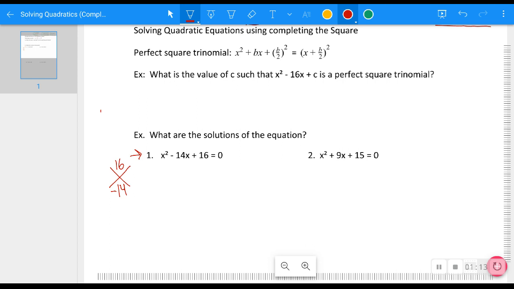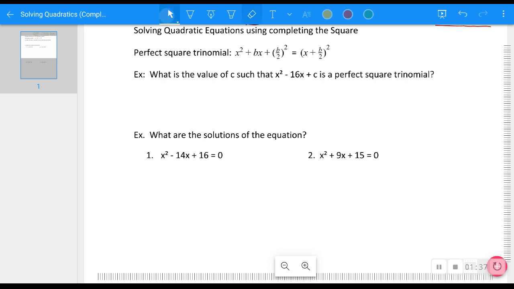But all the factors of 16, which are just 1 and 16, 2 and 8, and 4 and 4, none of these can add to be negative 14. So it's not factorable. So that tells us we need to find a new strategy to try to solve it.